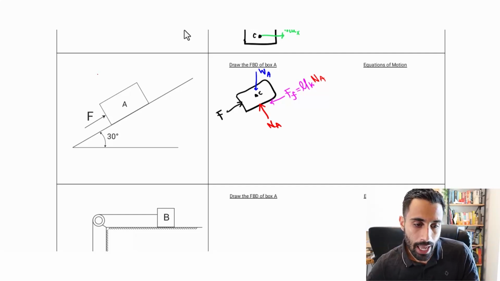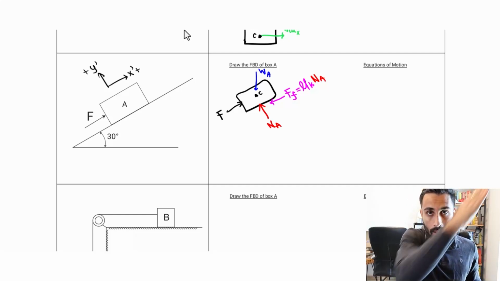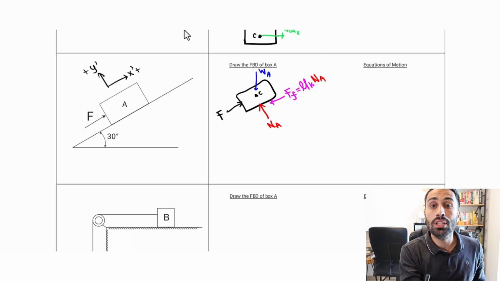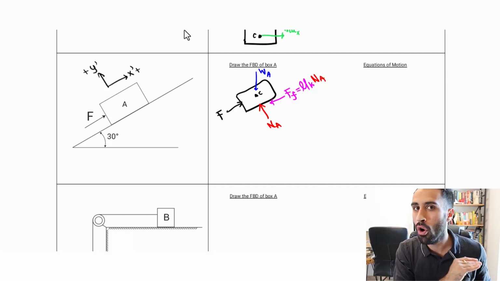We're going to have new axes. This direction is the positive x prime direction. This direction is the positive y prime direction. One perpendicular, y prime, one parallel to the incline, x prime.